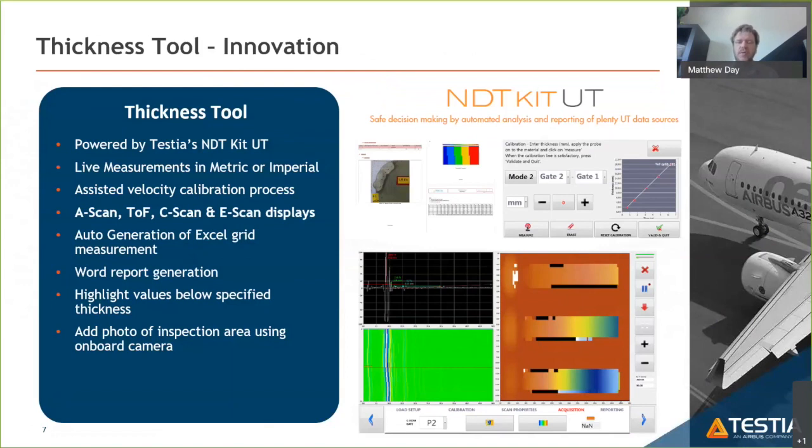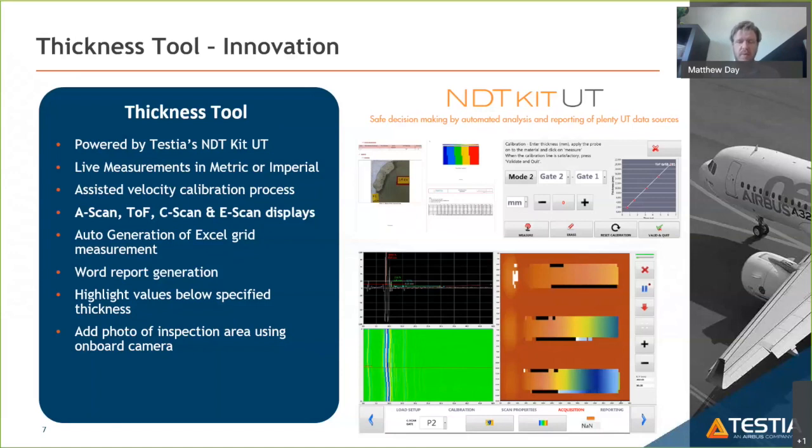So it takes a lot of the repeatable processes and automates it for the user. We can operate in metric or imperial. Assisted velocity calibration process. The velocity calibration process is very easy to manage, and the resulting screen is that we can see A scan, time of flight, C scan, and E scan displays as well.